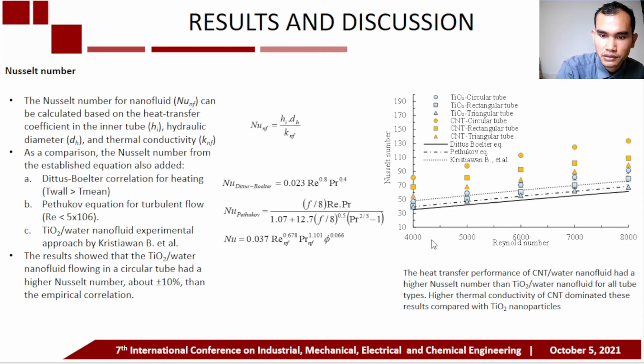It showed that increasing the Reynolds number also increases the Nusselt number, and the heat transfer performance of carbon nanotube was higher than titanium dioxide because it has much higher thermal conductivity.